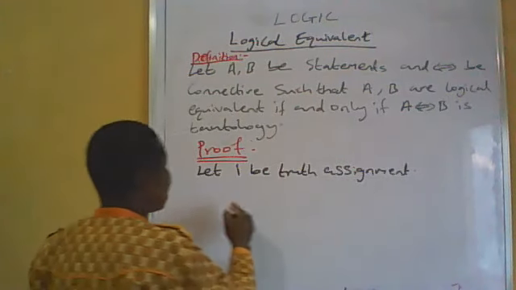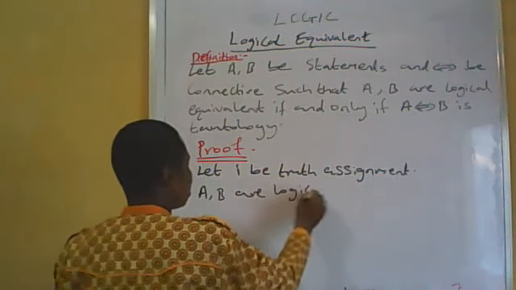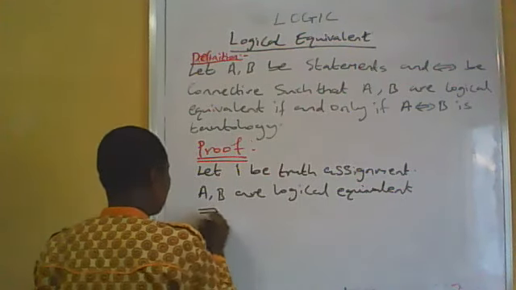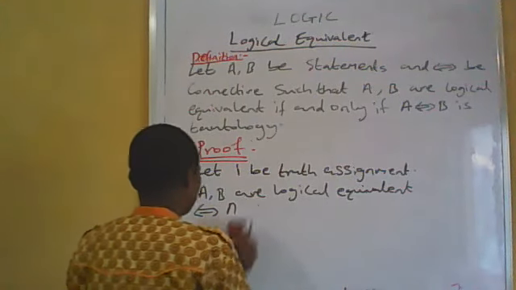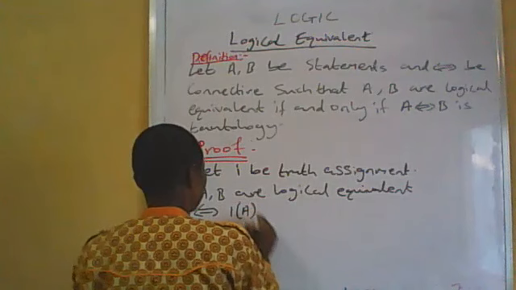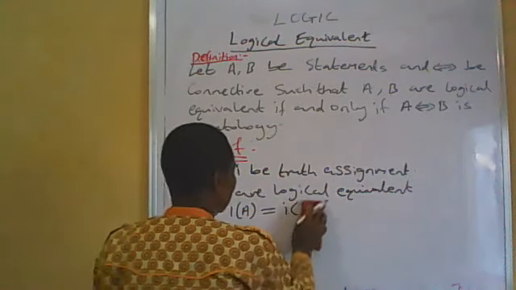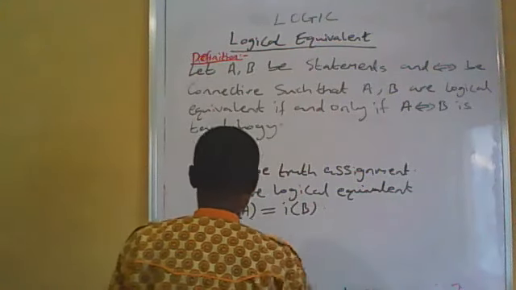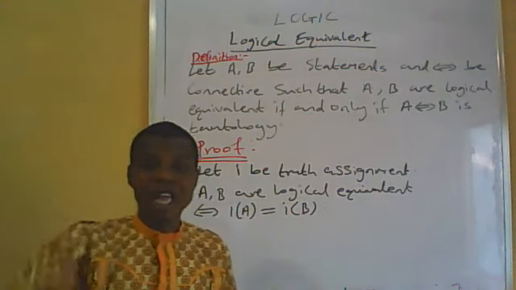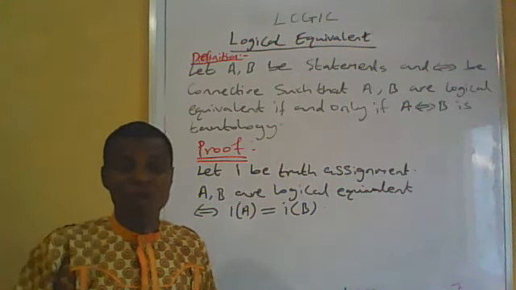Then A, B are logically equivalent if and only if I of A is equal to I of B. That means by our definition, A, B are logically equivalent means that I of A and I of B have the same truth value.